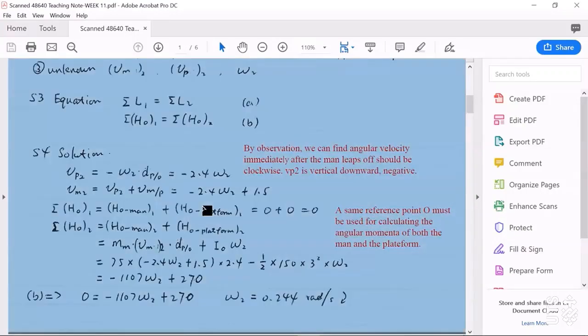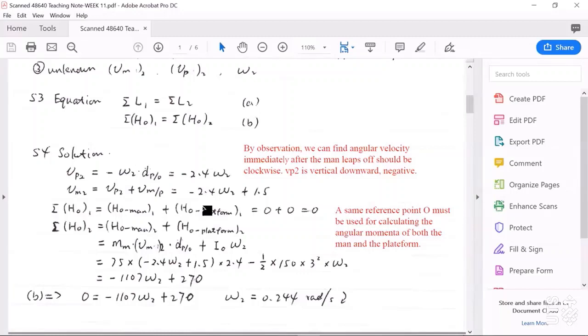Next, we calculate the angular momentum in the initial position and final position. Next we calculate the initial angular momentum and the final angular momentum.